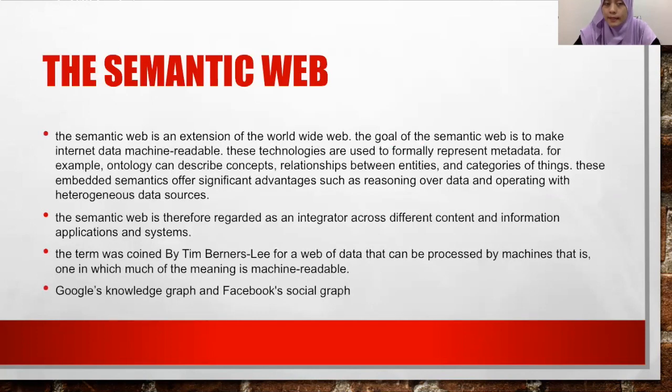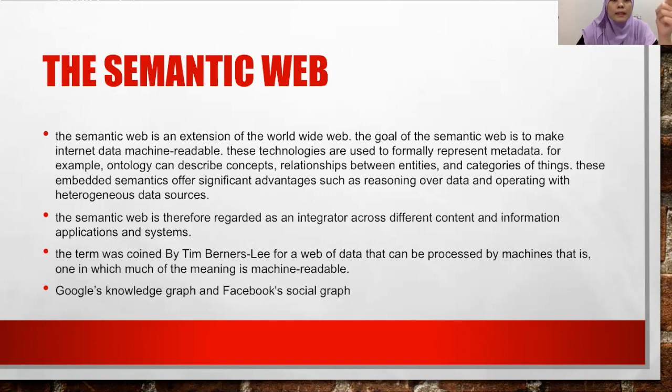So the second component is the semantic web. Don't be confused. When we talk about Web 3.0 as the semantic web, and when I say that the semantic web is one of the key elements, the term semantic here is saying that the web, the internet, is thinking. So to become the semantic web, it must be social, it must be able to relate with one another, and it also must be able to think for itself.